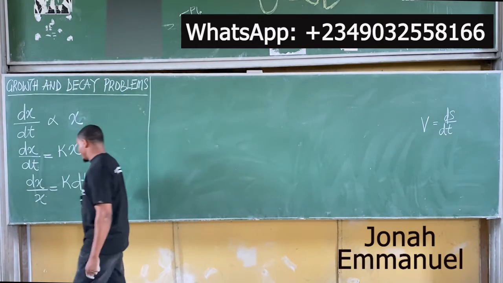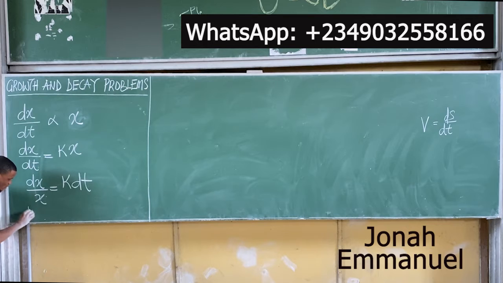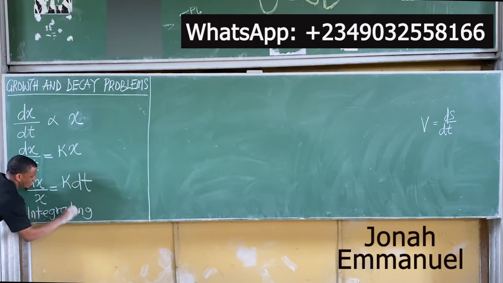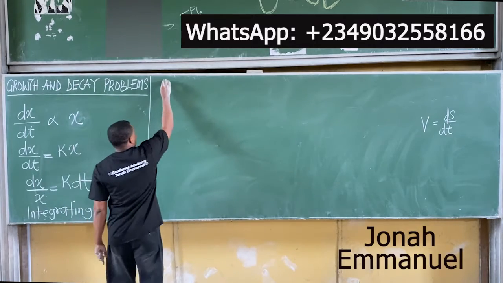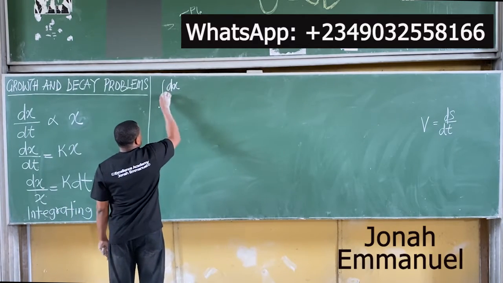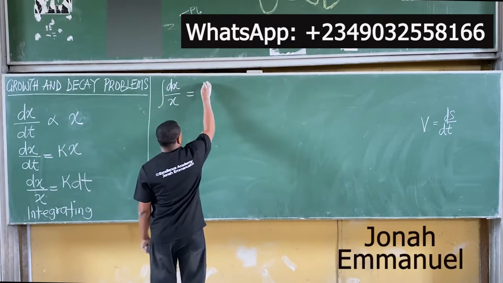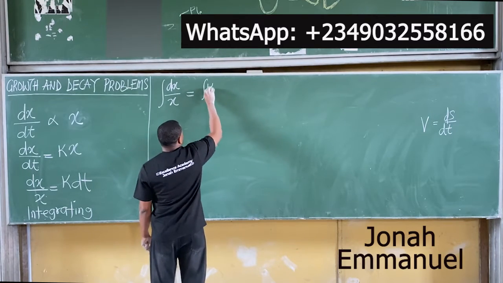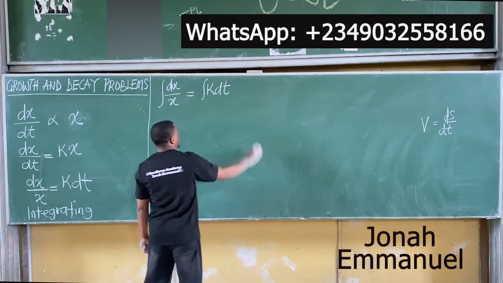I'm integrating. If I integrate, what do I have there? The integral of dx over x is equal to the integral of k dt.